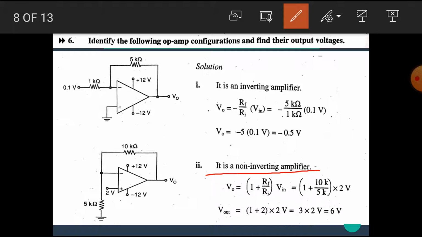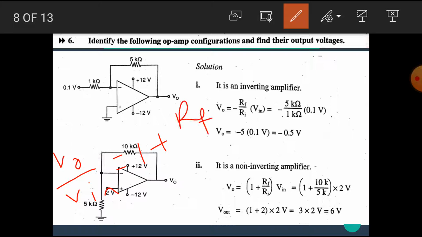We know that the gain of the non-inverting amplifier is Vout upon Vin is equal to 1 plus Rf upon R1. Now, from this we can write the formula for Vout is equal to 1 plus Rf upon Ri into Vin.